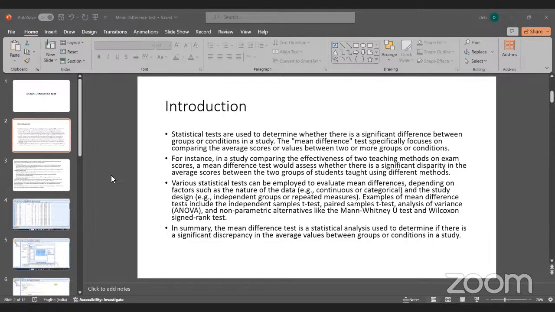Examples of mean difference tests include the independent samples t-test, paired sample t-test, analysis of variance, ANOVA, and non-parametric alternatives like the Mann-Whitney U test and Wilcoxon signed rank test.